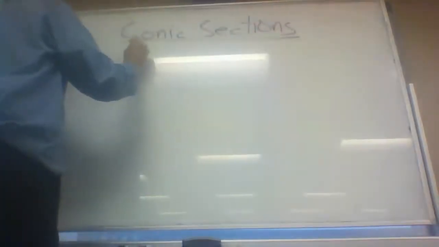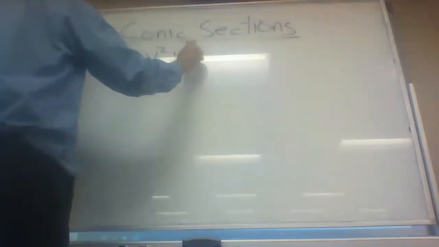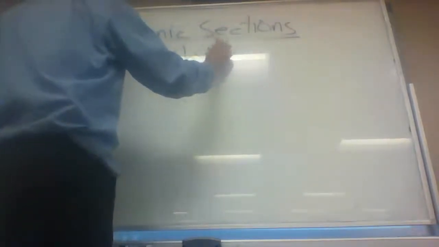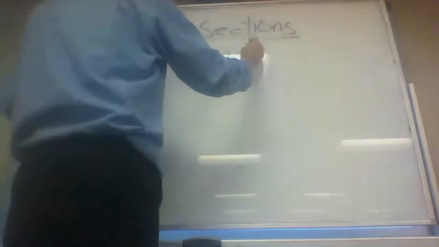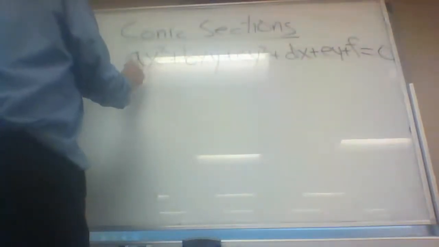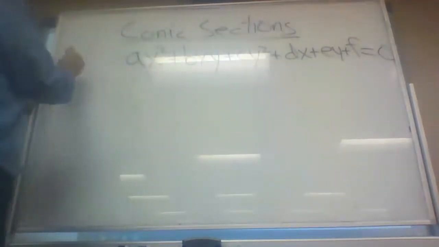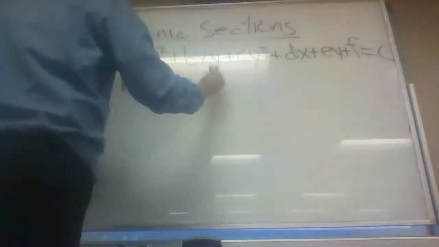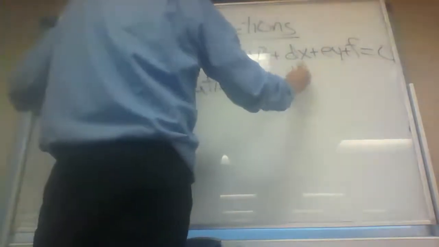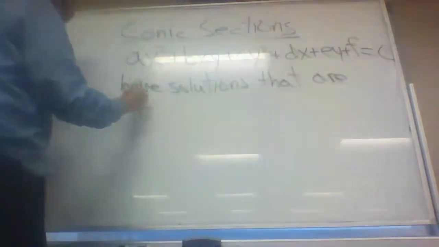Remember, there are 4 conic sections. One of their important features is that if you take any second degree polynomial in 2 variables, with not all the coefficients 0, these have solutions that are either conic sections, so it makes sense.